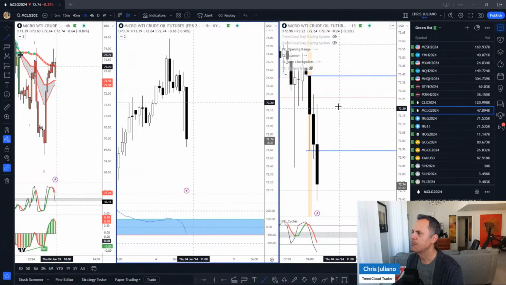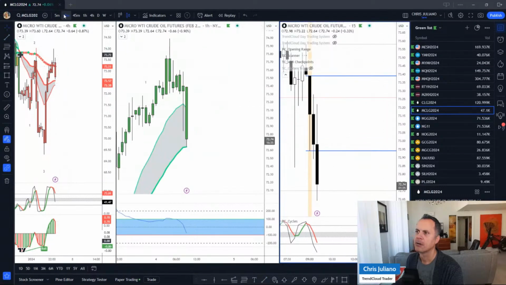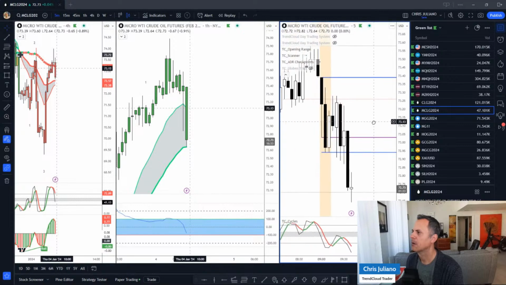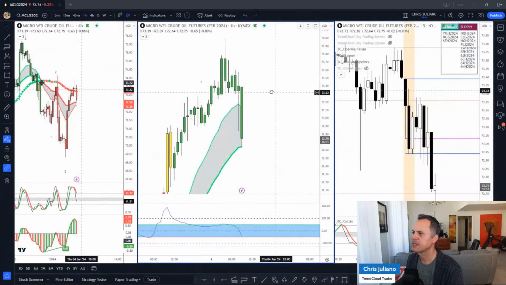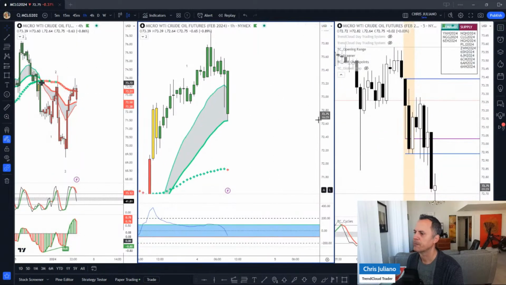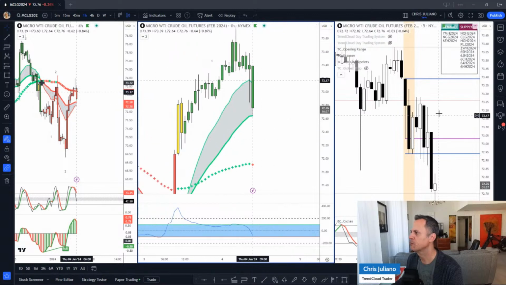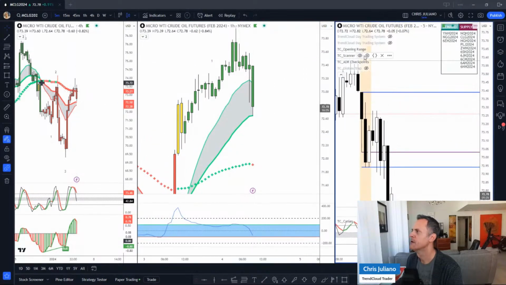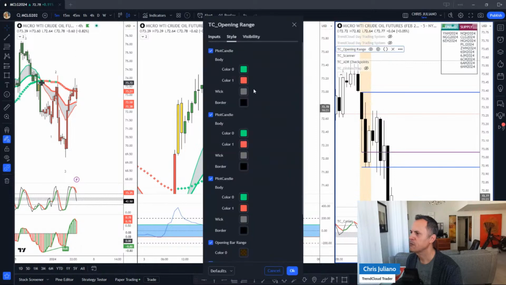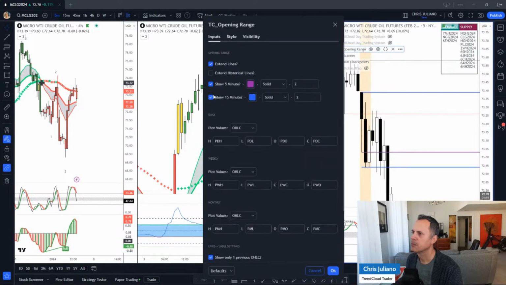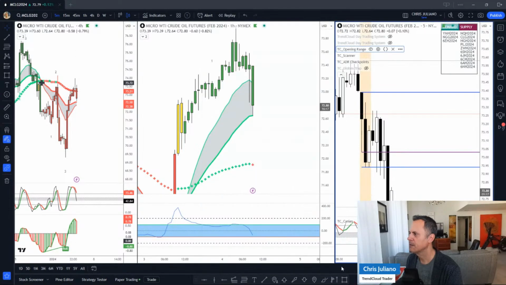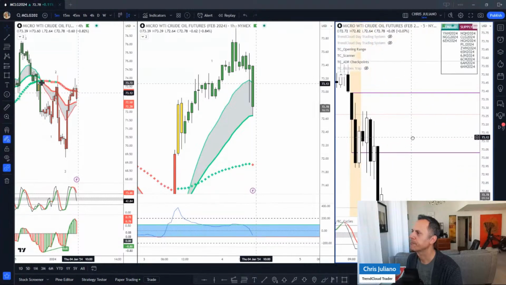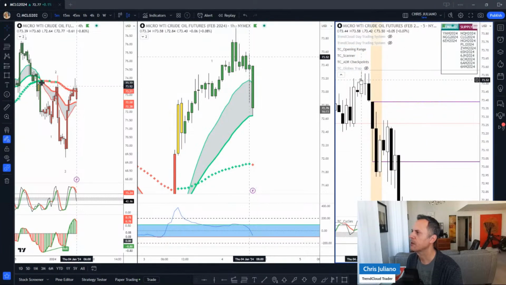because that is up on our scanner. Now, what did crude oil do today? Opening range, we're looking at the 5-minute. Wow, okay.